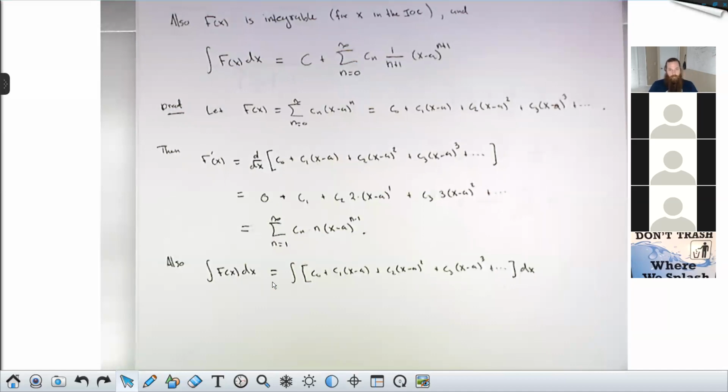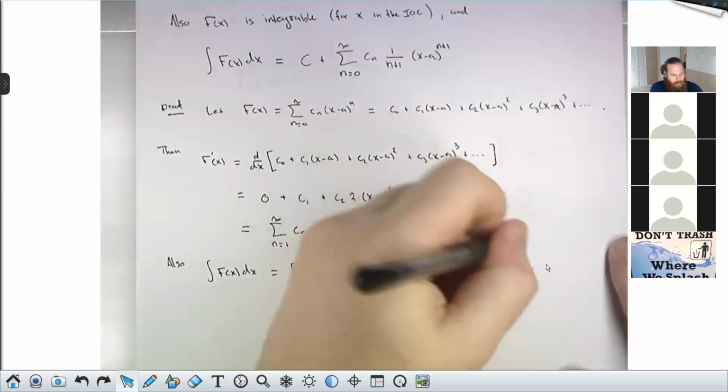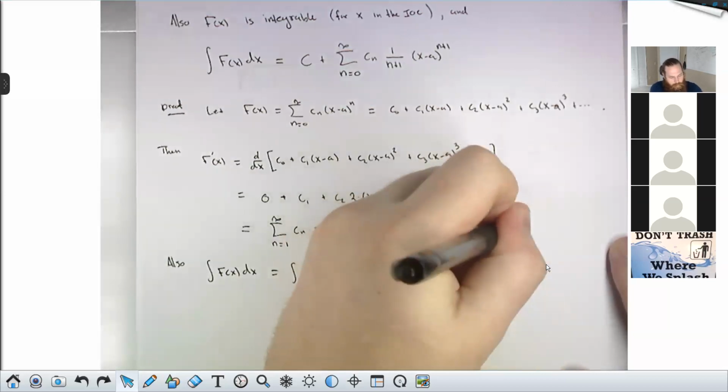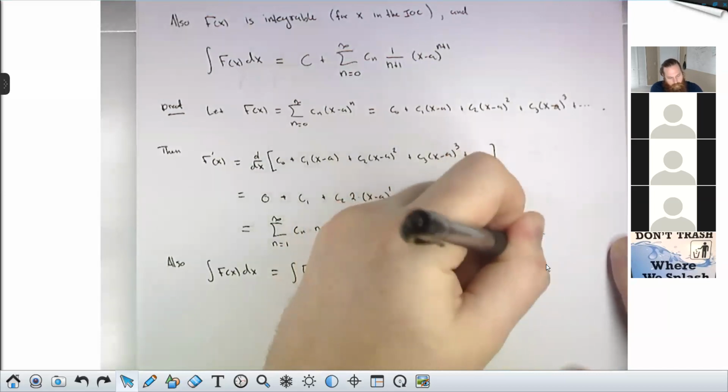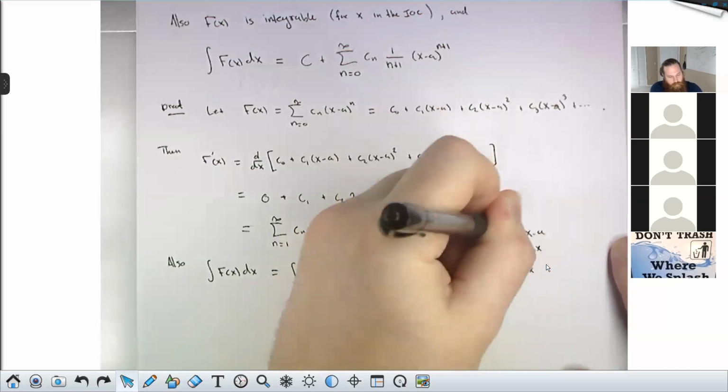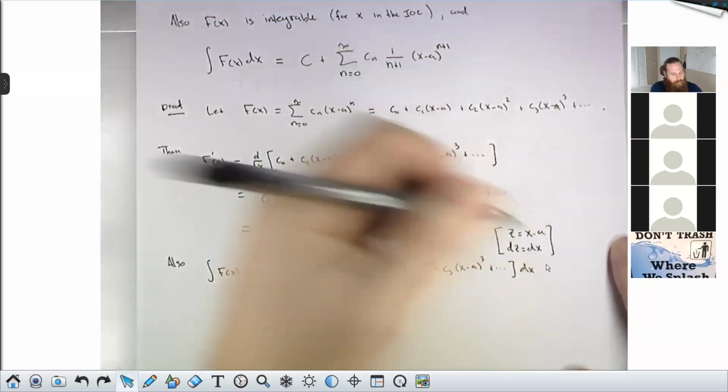And just like how we differentiated one term at a time, we're going to integrate all this one term at a time. The catch is, first I'm going to make a little substitution. I'm going to make the substitution z equals x minus a. dz is just dx. It's a simple little substitution.